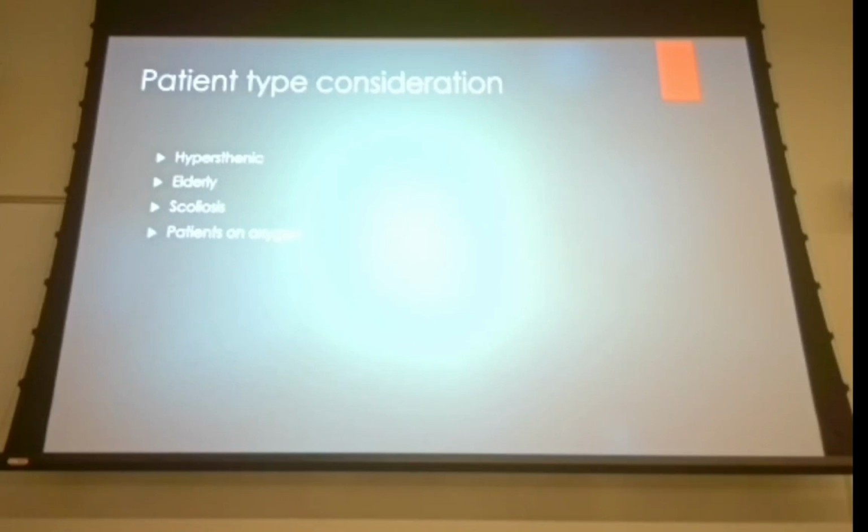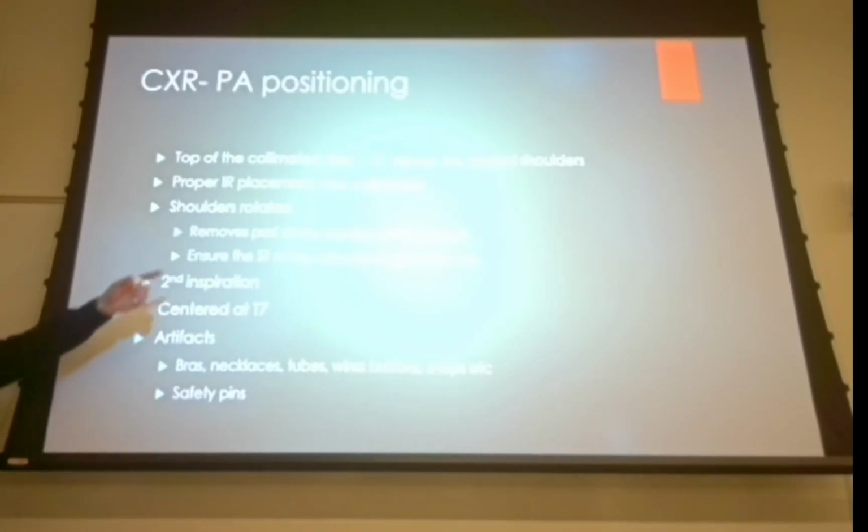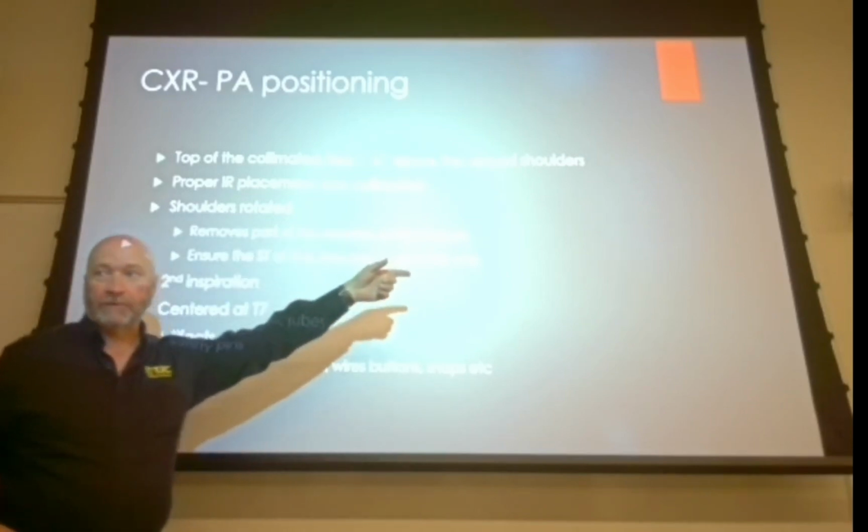Of course, you know the considerations for hypersthenic. Your collimated field should most likely be broader and shorter. That's one of the positioning mistakes I see: you get a hypersthenic patient and you put the top of the image receptor 1.5 inches above the relaxed shoulders.